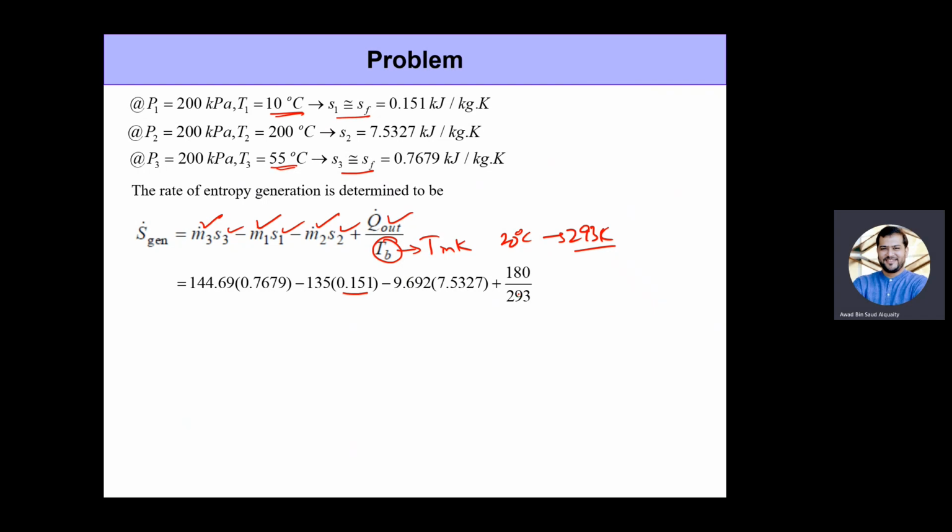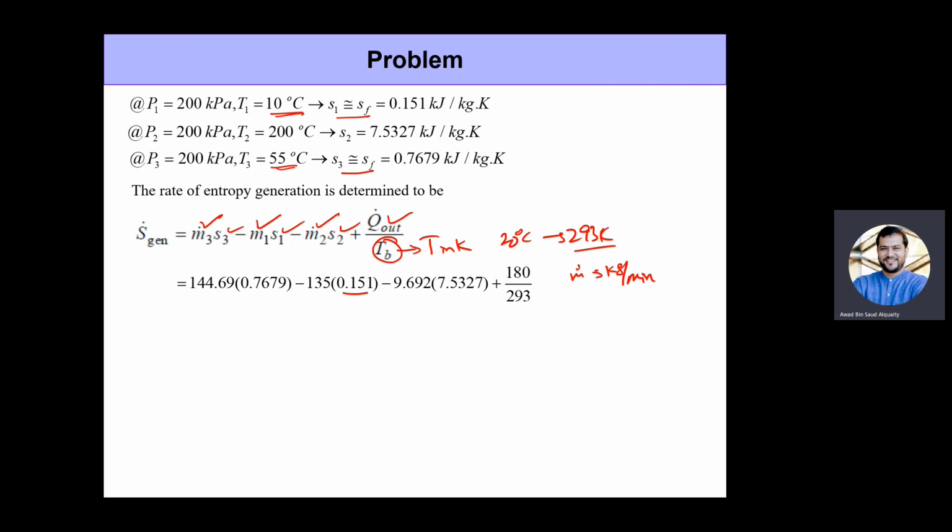One thing we are doing here is that we did not divide the mass flow rates by 60. We kept the mass flow rates in kilogram per minute, so the final unit for the entropy generation is going to be per minute.